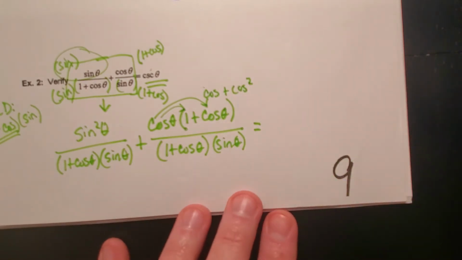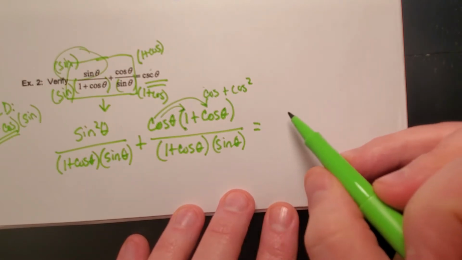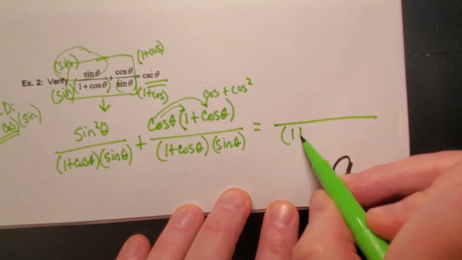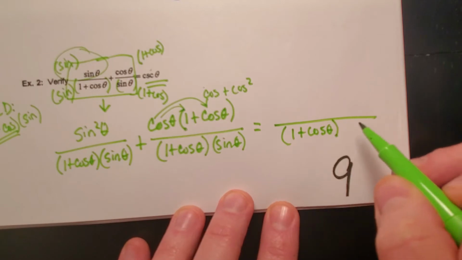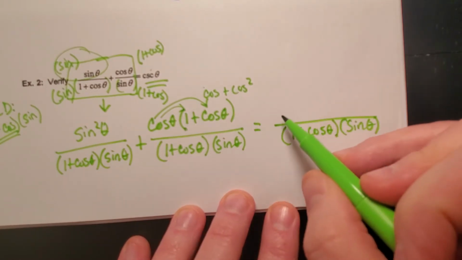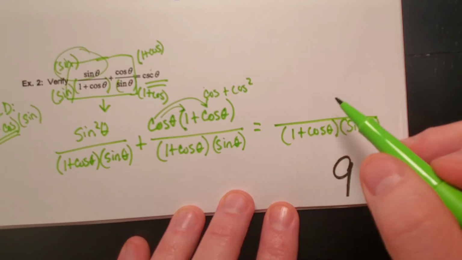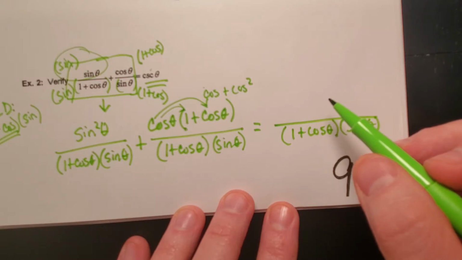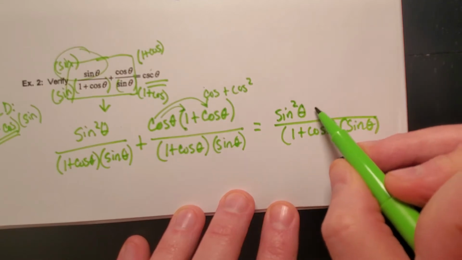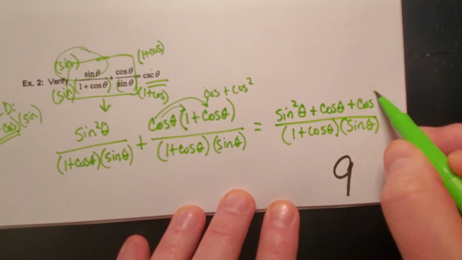Now if I add like terms together, let's see what we're going to get. I get 1 plus cosine theta times sine theta on the bottom. But on the top, I don't see where it's going, now it's coming to me. I have sine squared theta plus cosine theta plus cosine squared theta.